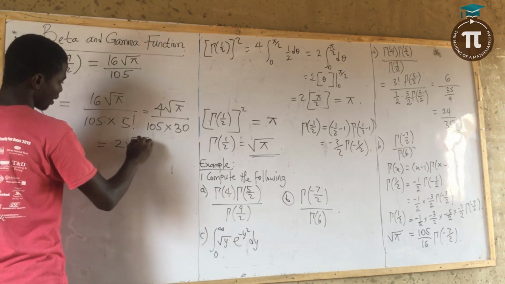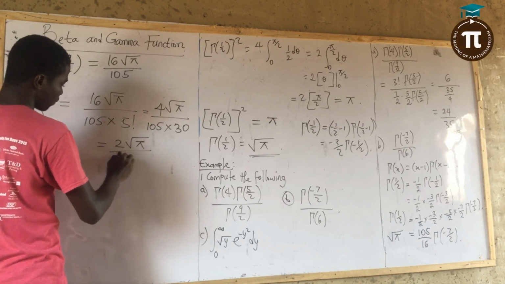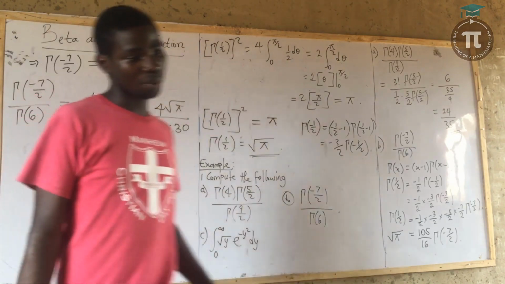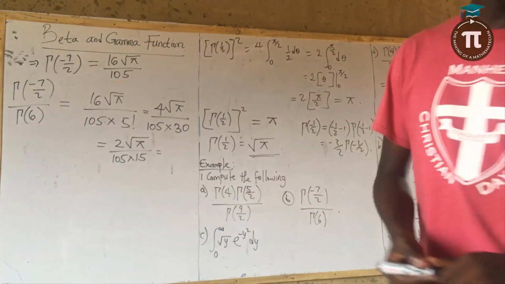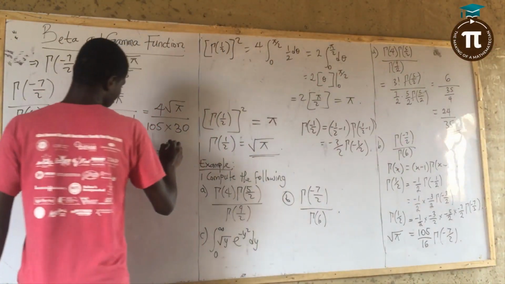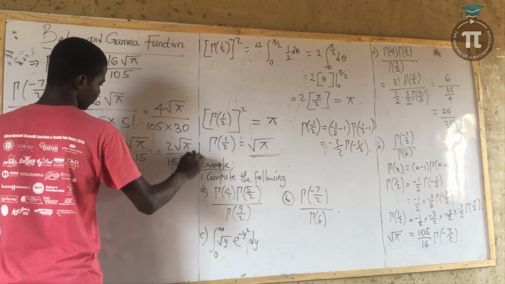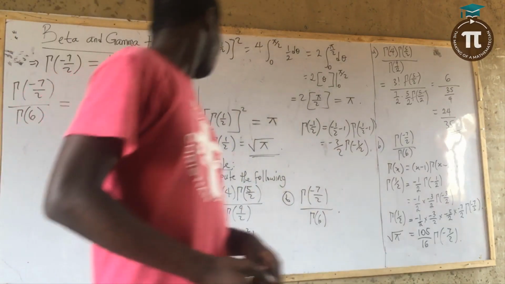So 2 can go again. 2 root pi all over 105 multiplied by 15. 105 multiplied by 15, the answer will be 1575. So this is 2 root pi over 1575.